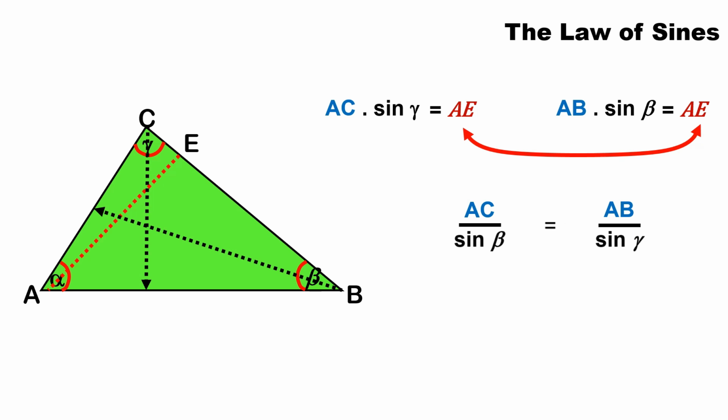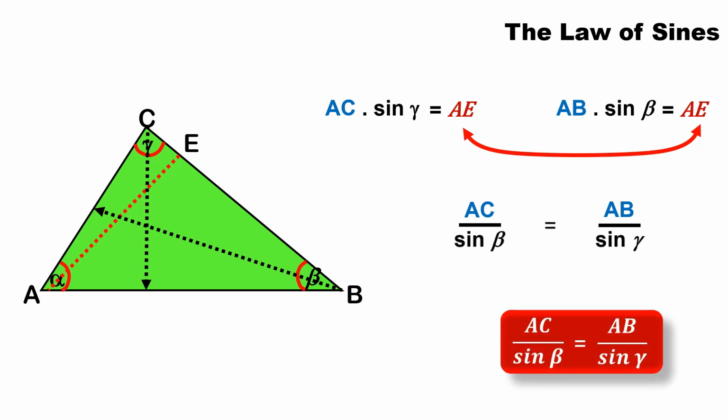And finally, we obtain the form of the comparison: AC over sine beta is equal to AB over sine gamma. And this we set as the second equation.